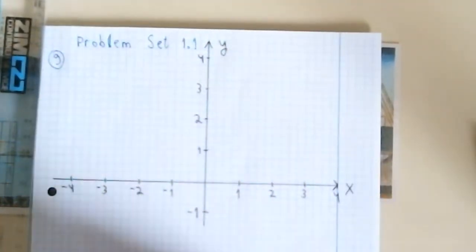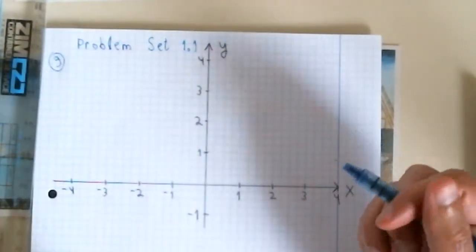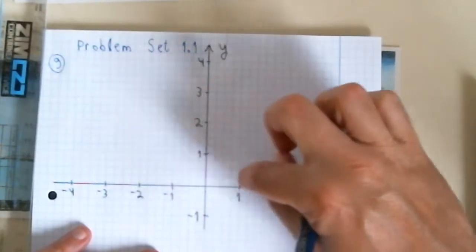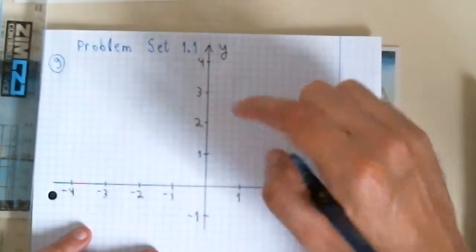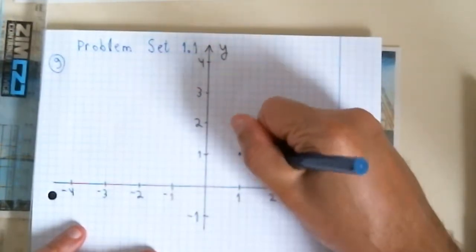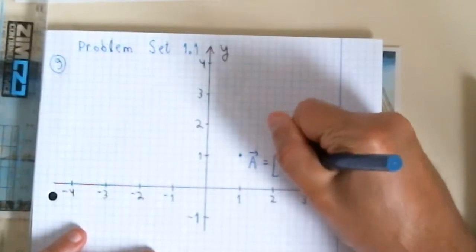I don't think we'll need more. Okay, so the first point is A. It's 1, 1. Okay, so it's here. This is point A, and it equals 1, 1.